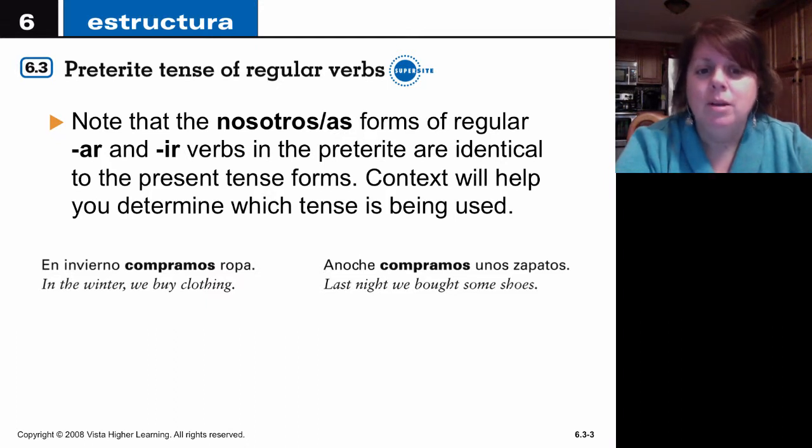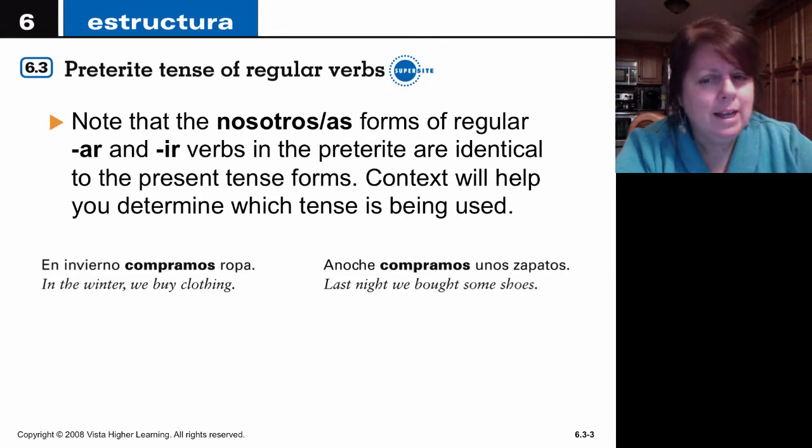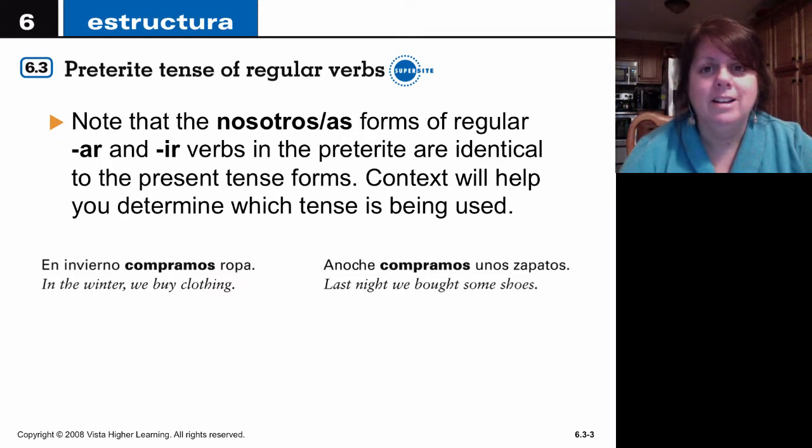In the wintertime, are we saying we buy clothing or we bought clothing? Of course we're saying we buy clothing. It just makes sense. Anoche, last night, compramos unos zapatos. We bought some shoes. And so, of course, when we're saying anoche, we're saying last night, we bought. It's all from the context.